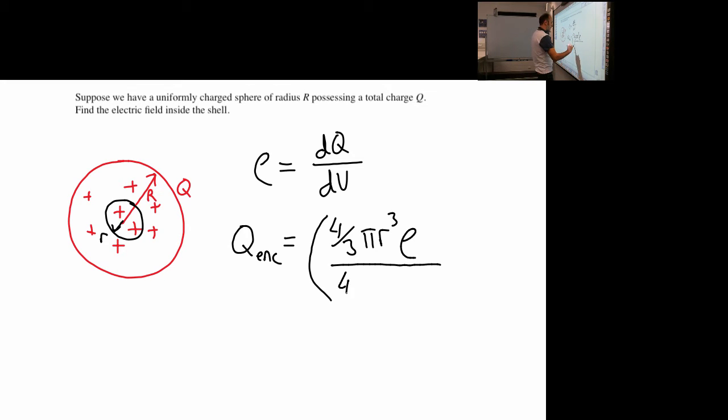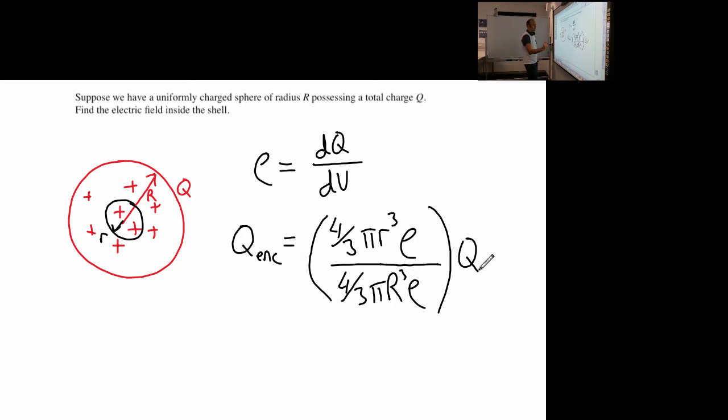And on the bottom we consider the volume of the larger sphere. And all of this is times the total charge on the outside. Okay, so on the top line we've got the charge density times the volume of our Gaussian sphere, and on the bottom we've got the charge density of the overall sphere times its volume.